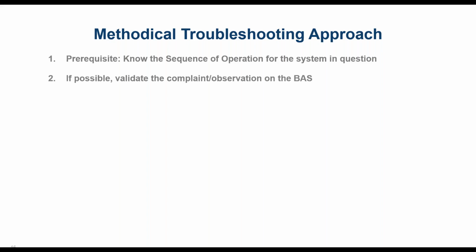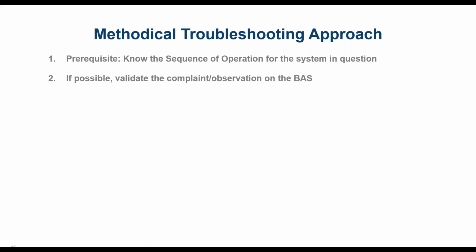So step 2 in this methodical troubleshooting approach would be, if possible, see if you can validate the complaint or observation on the building automation system. So if someone says, hey, it's too hot in my space, we'll pull up the automation system and see if that's what you're reading as well. What's the temperature of the space showing on the automation system?